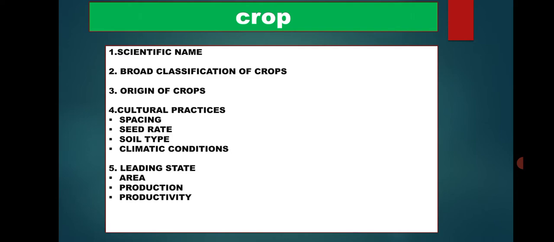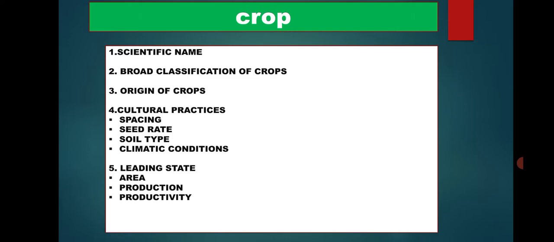Normally the scientific name is usually asked in exams like JRF and SRF, but in AFO exams and NABARD exams they generally won't ask scientific names. But at the interview stage, sometimes they ask about scientific names. Next is broad classification of crops.